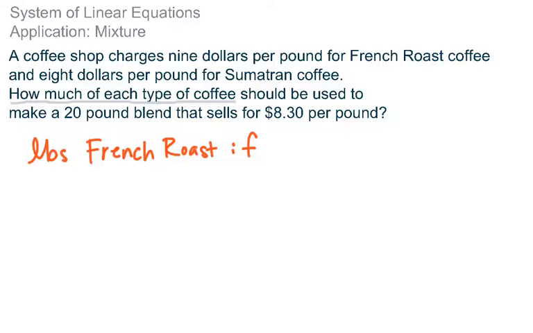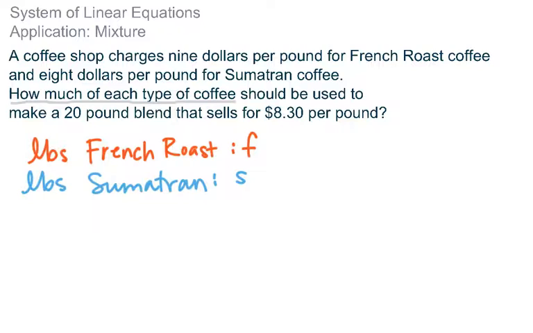And then we also need to know the pounds of Sumatran. So I'll indicate Sumatran with a lowercase s. So those are my two variables. I have two unknowns. We want to find out how much of the French roast F and how much of the Sumatran S. So since we have two variables, that means we need to be able to develop two equations.